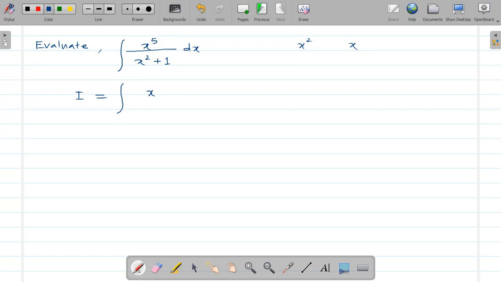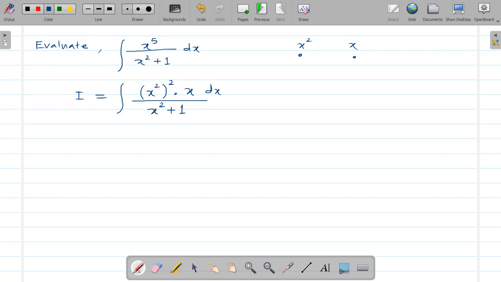See here, I will express x raised to 5 as x square bracket square into x, dx. See, x square square means x raised to 4 into x means x raised to 5, upon the denominator x square plus 1, because if there is a x square then we need x.